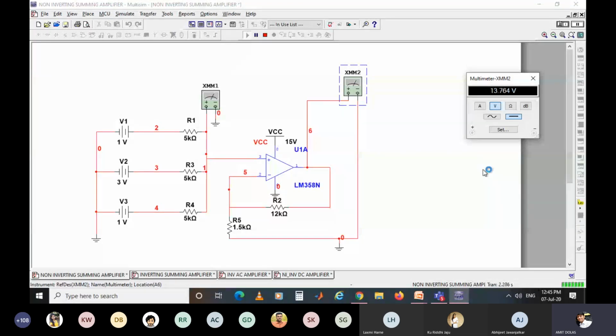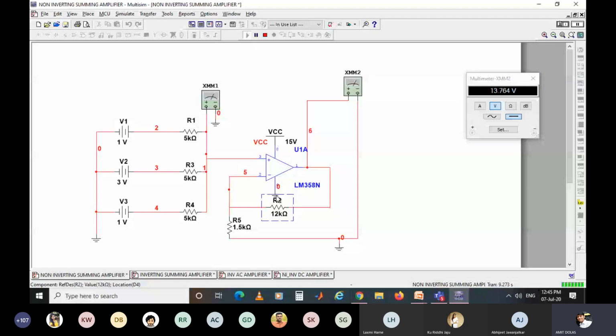It is 13.764 volt. Why is this not the accurate answer? Let's come back to the power supply of the op-amp. I have used VCC equal to 15 volt and minus VEE is ground. Means I have 15 volt with respect to ground.